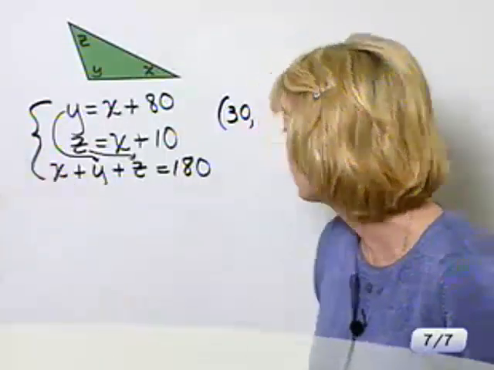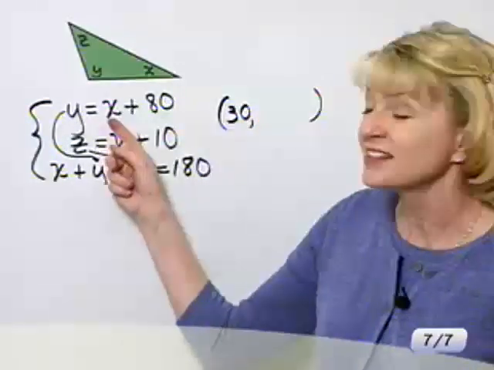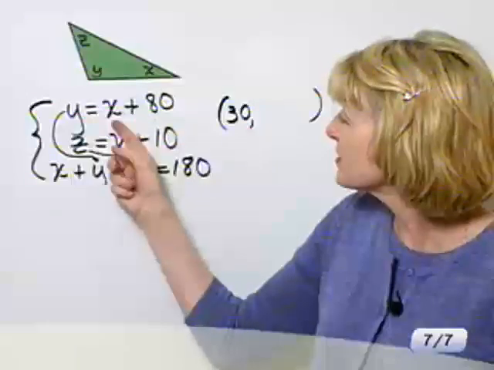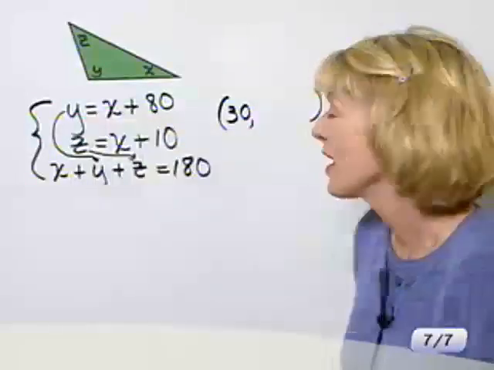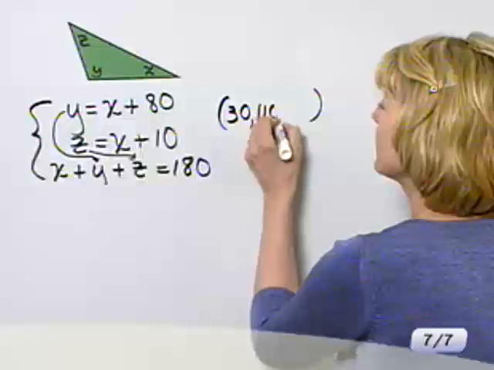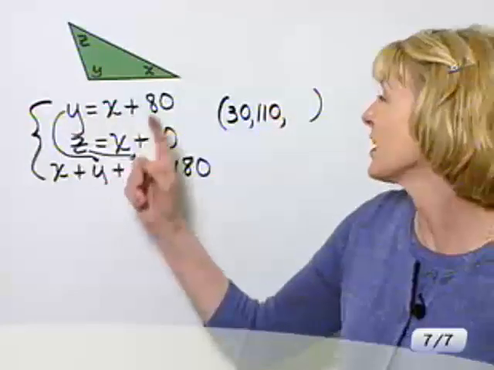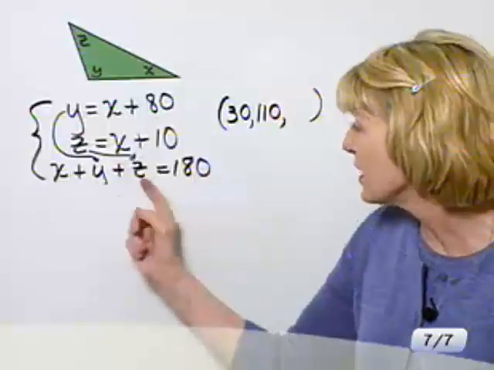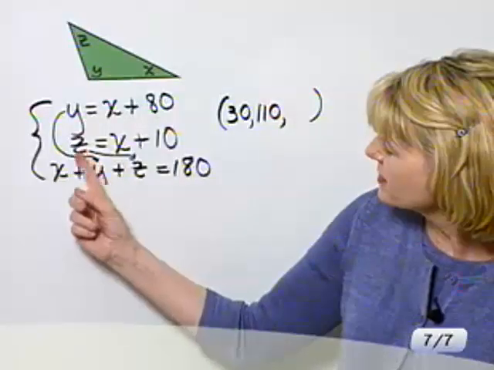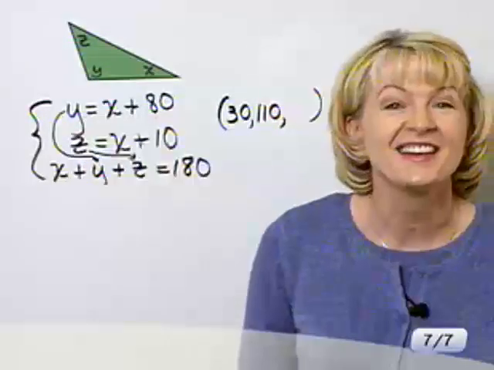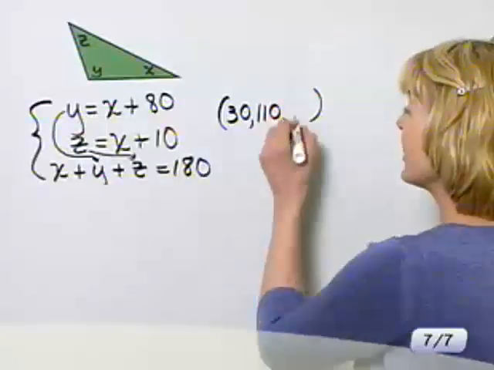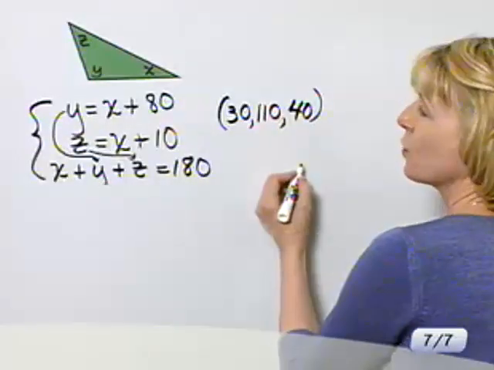Just so happens that knowing that X is 30, Y is 30 plus 80 then, so Y is 110. And notice you can either plug in 30 for X, 110 for Y here, and you'll find Z, but notice Z is X plus 10, so Z is 30 plus 10 or 40.